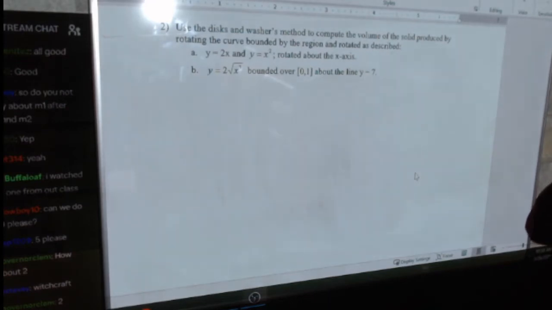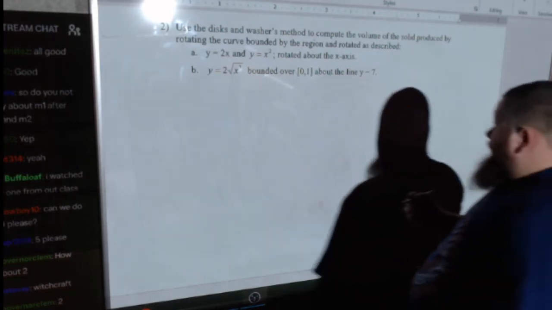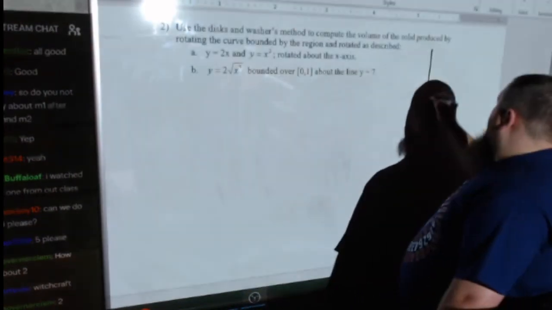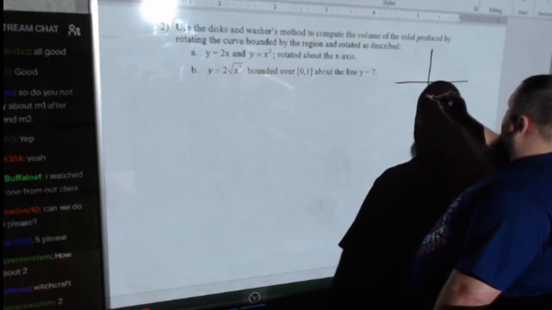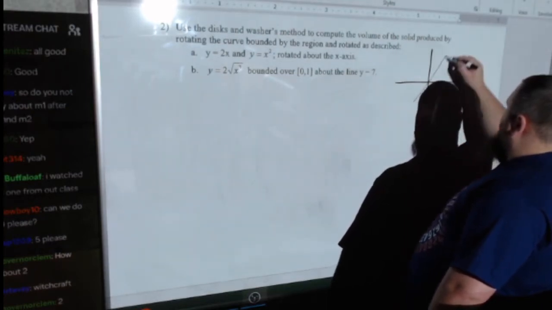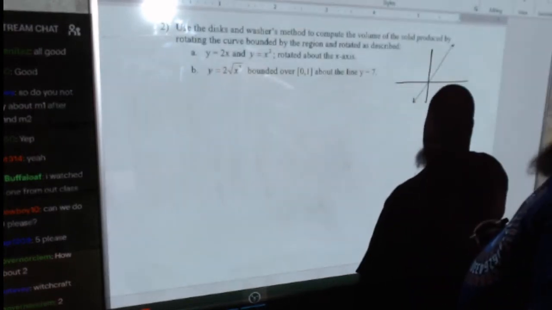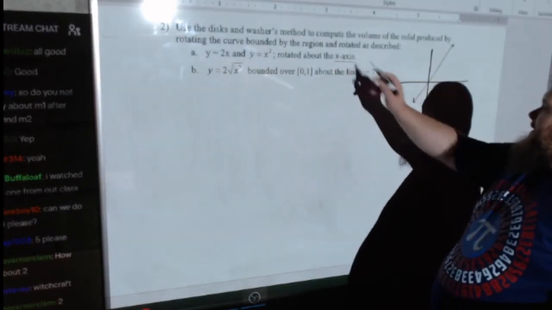I'm just going to go ahead and do the first one. So we've got y equal 2x and we've got y equals x squared rotated about the x-axis.